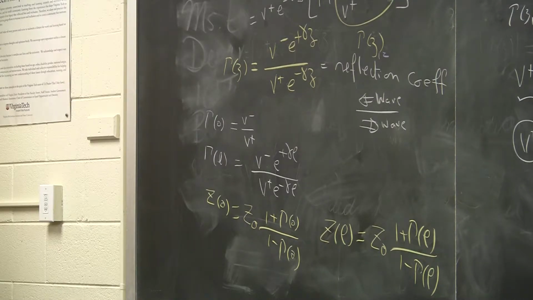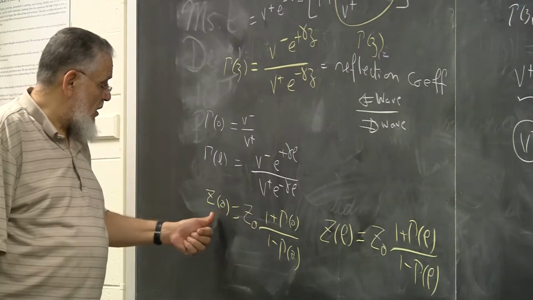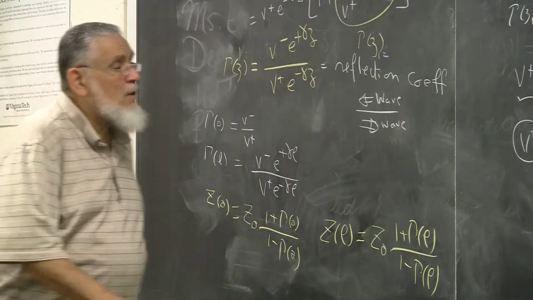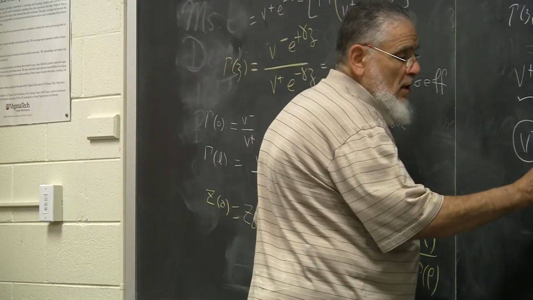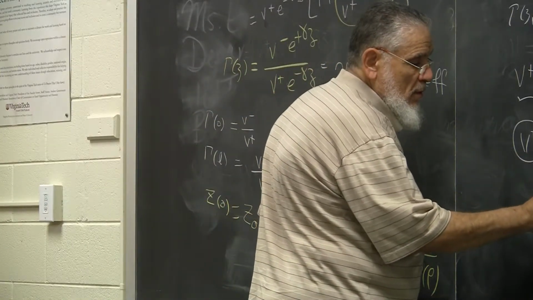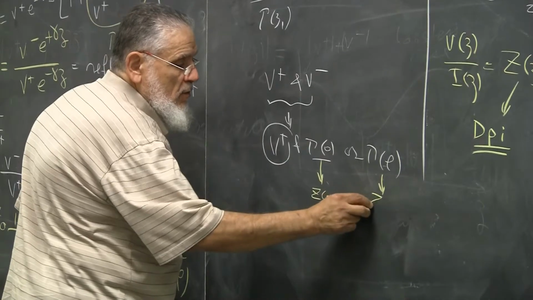By writing it in so many forms. So guess what? Gamma of 0 is related to Z of 0. So this one here is directly related to Z of 0. And this one here is directly related to Z of L.